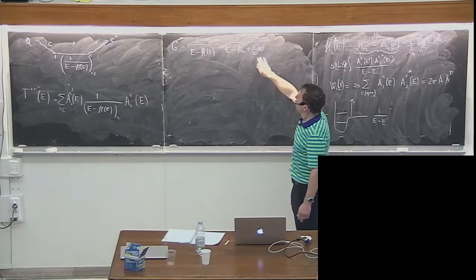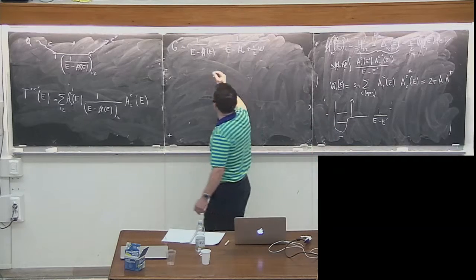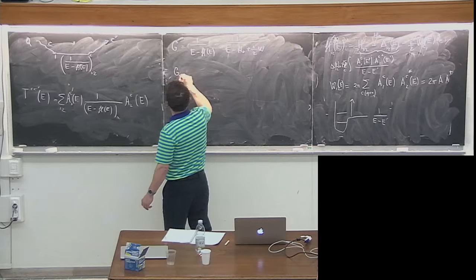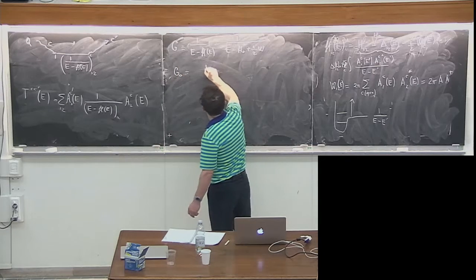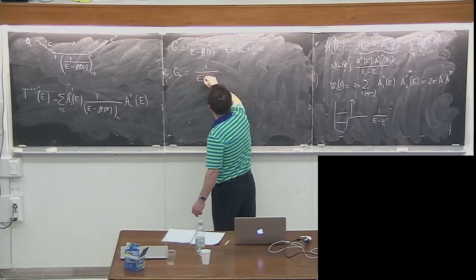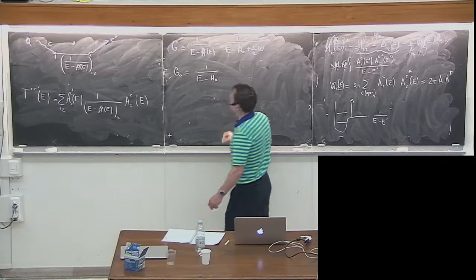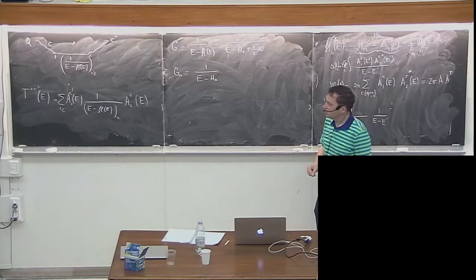So now if we look at this imaginary part as just a correction, then I can say G naught, by definition, is 1 over E minus H naught.